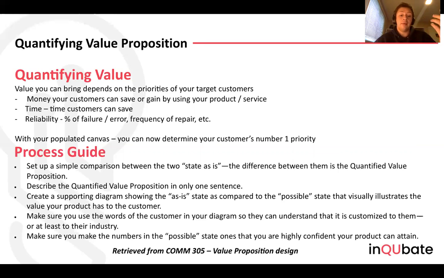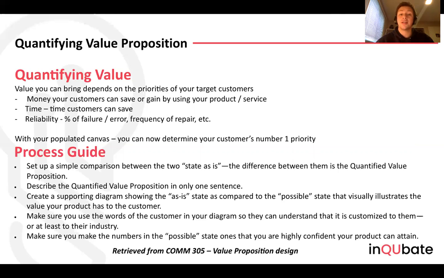Or is it even the reliability? If that is the number one thing, they want an AI model that will help them automate business processes away. They want to look at percent of failure, error, or frequency of repair just to save themselves time and quantify this actual value. With your populated canvas, you can now determine your customer's number one priority and put a value to it.